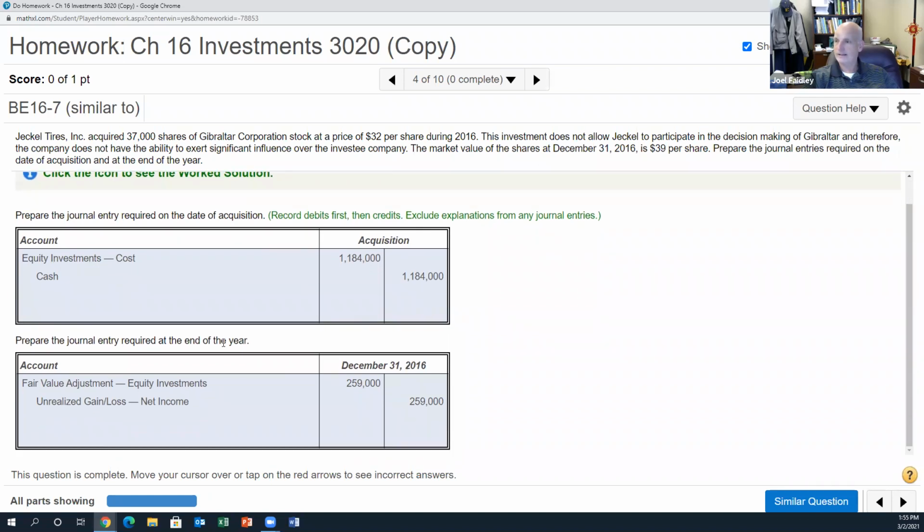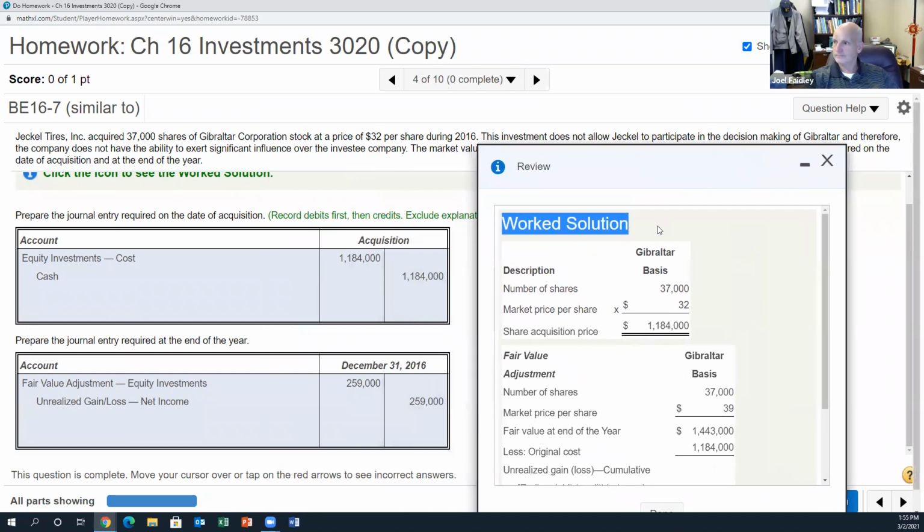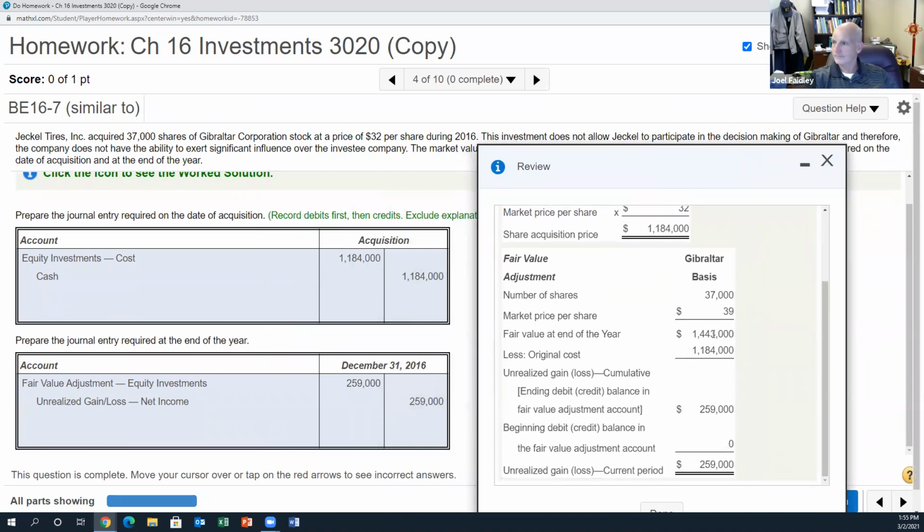At the end of the year, there's no amortization, because we're talking about a stock investment, equity. We're going to compare that to fair value, which is $1,443,000. The original cost is $1184. So we have a $259,000 gain, don't we?